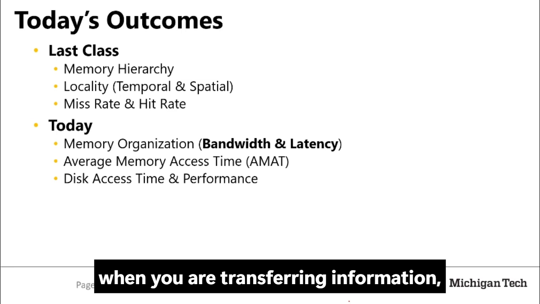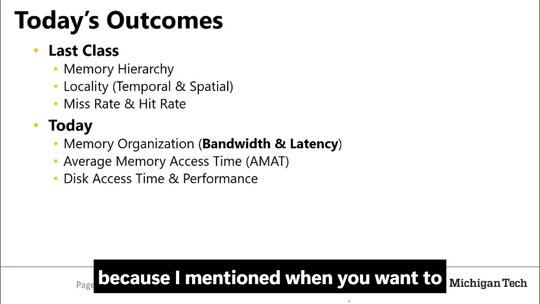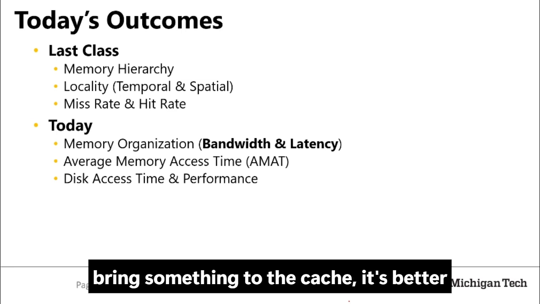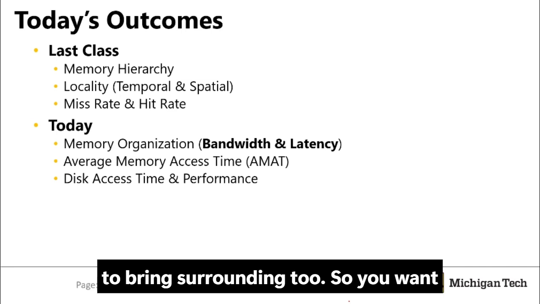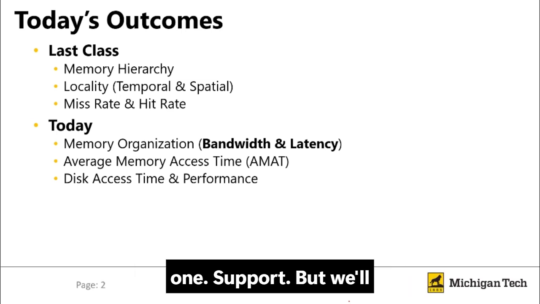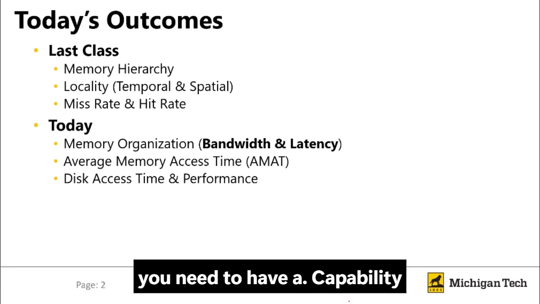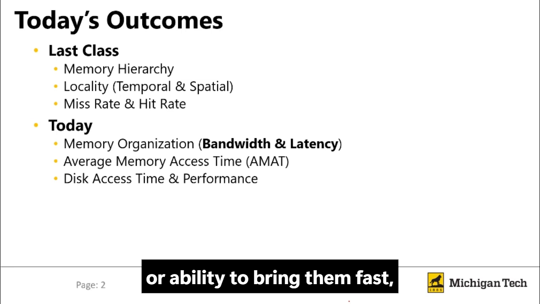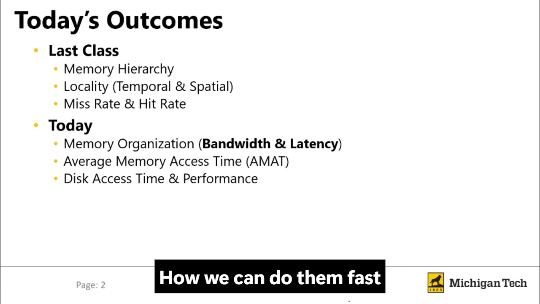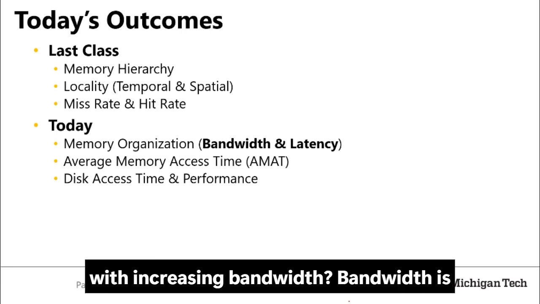When you are transferring information, as I mentioned, when you want to bring something to the cache, it's better to bring the surrounding data too. So you want 1 word, but you will bring 4 words, for example. So you need the capability or ability to bring them fast. How can we do that fast? By increasing bandwidth.